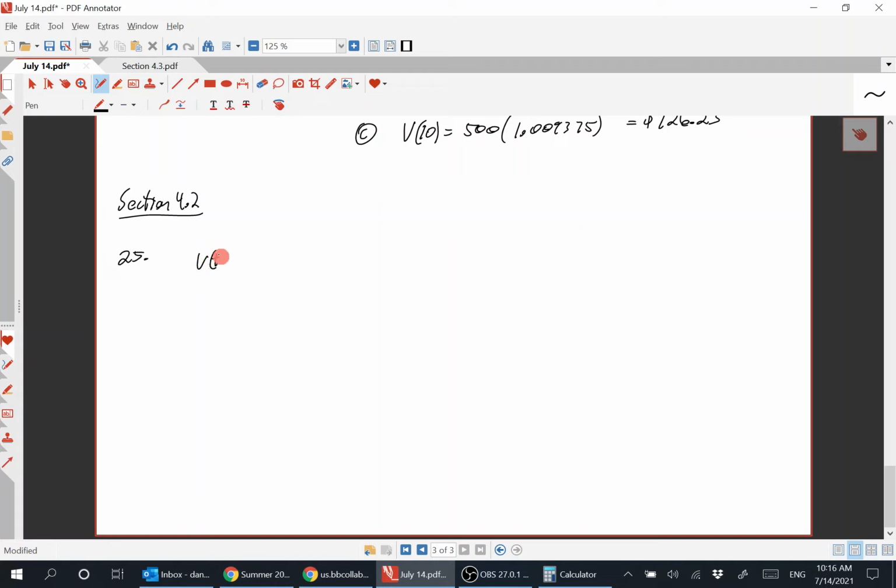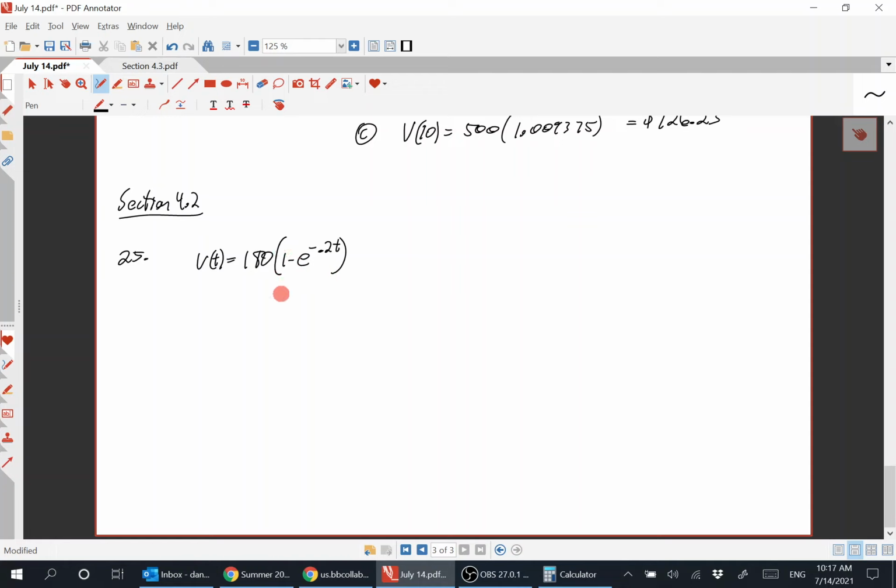So, they're not discussing the physics of the situation, really. But they're saying that the velocity of this skydiver at t seconds, I guess, is 180 times 1 minus e to the minus 0.2t.